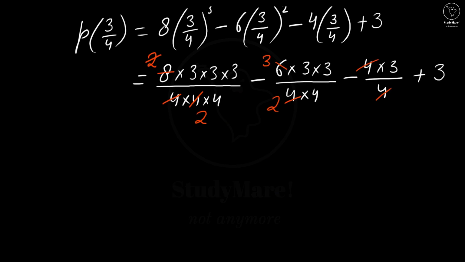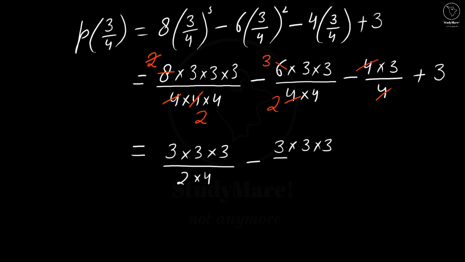Moving ahead further, we get 3 into 3 into 3 divided by 2 into 4, minus, here we have 3 into 3 into 3 divided by 2 into 4, minus 3, and here we have plus 3.